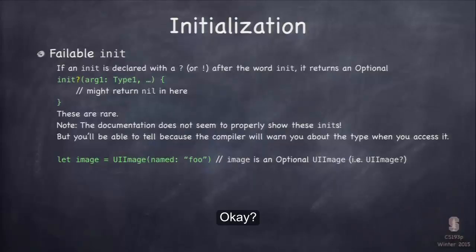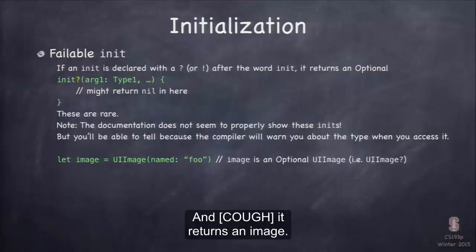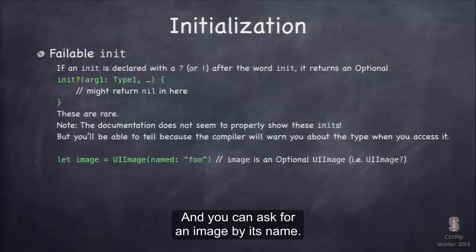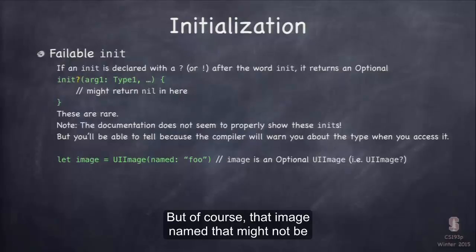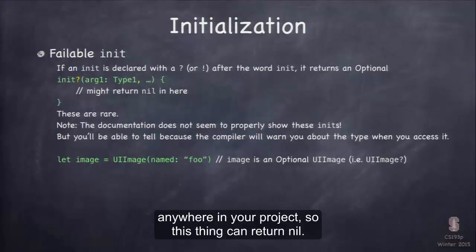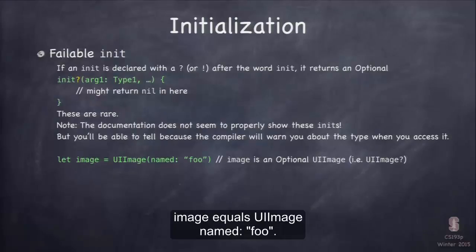So UIImage, okay, it's a class in UIKit. And it returns an image. And you can ask for an image by its name. But of course, that image named that might not be anywhere in your project. So this thing can return nil. So in this case right here, image equals UIImage named foo.